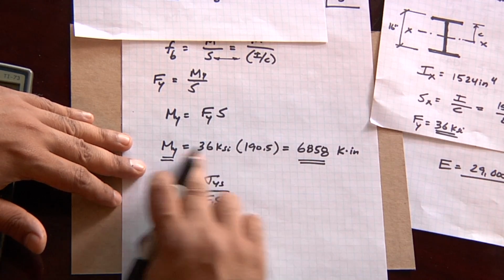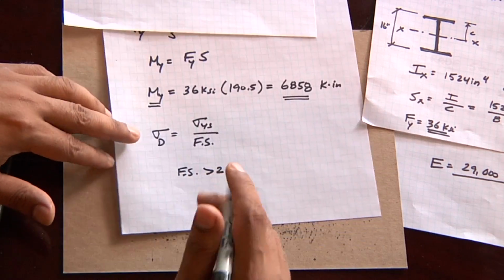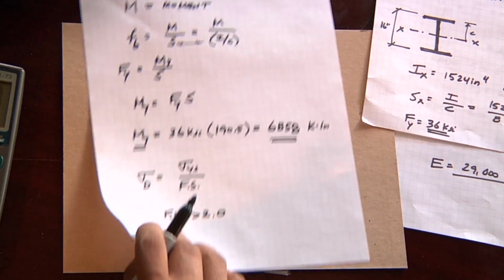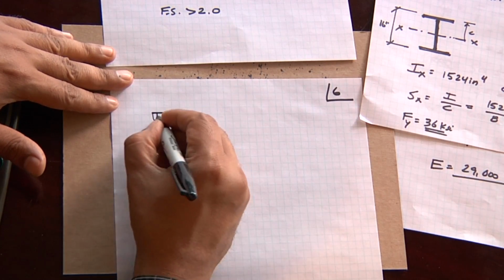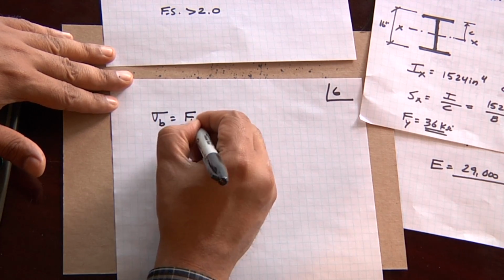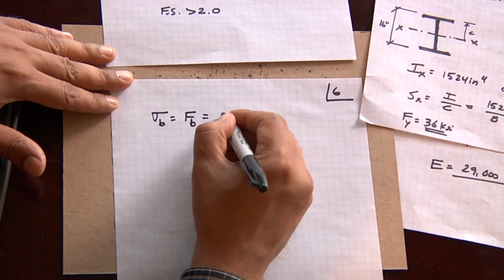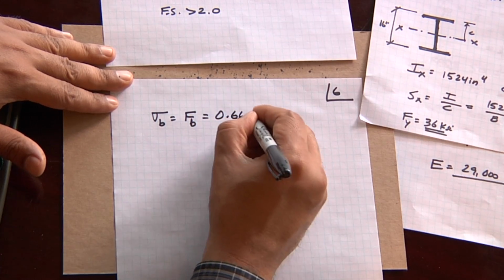So this is the yield moment. That would be the stress at which the steel would actually begin to yield. If we were to use an actual design load, and the design load comes from the steel manual, and I'll be showing you how to use portions of that steel manual in the next module, but just as a prelude, the bending stress from the steel manual for a typical beam is going to be 0.66 times Fy.